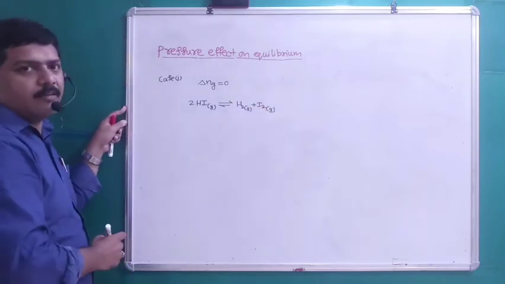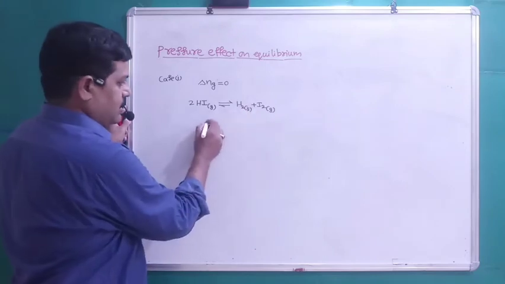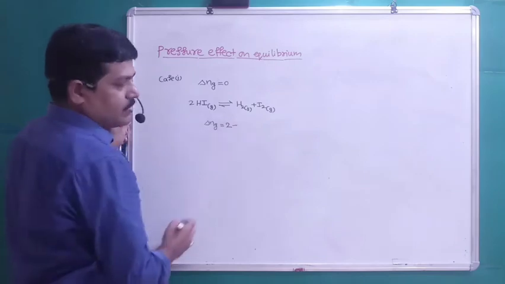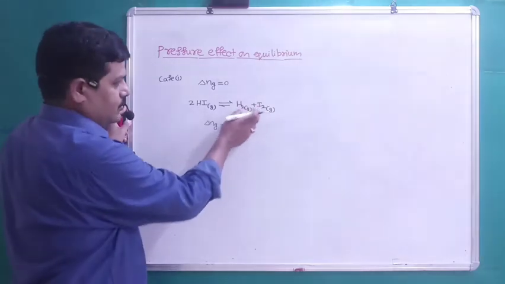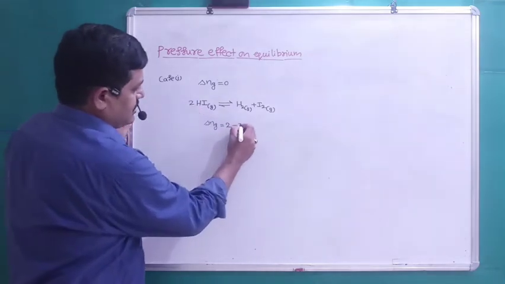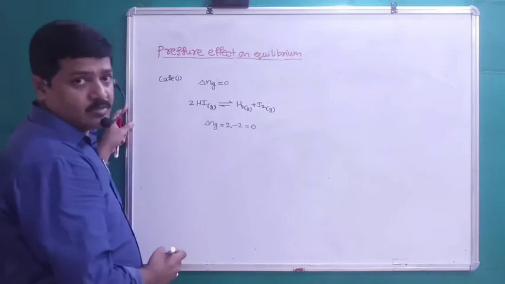Here, the number of moles of gaseous products is 1 plus 1, it is 2, right? Number of moles of gaseous products is 2 minus number of moles of gaseous reactants, that is also 2. So we are getting delta Ng is equal to 0.